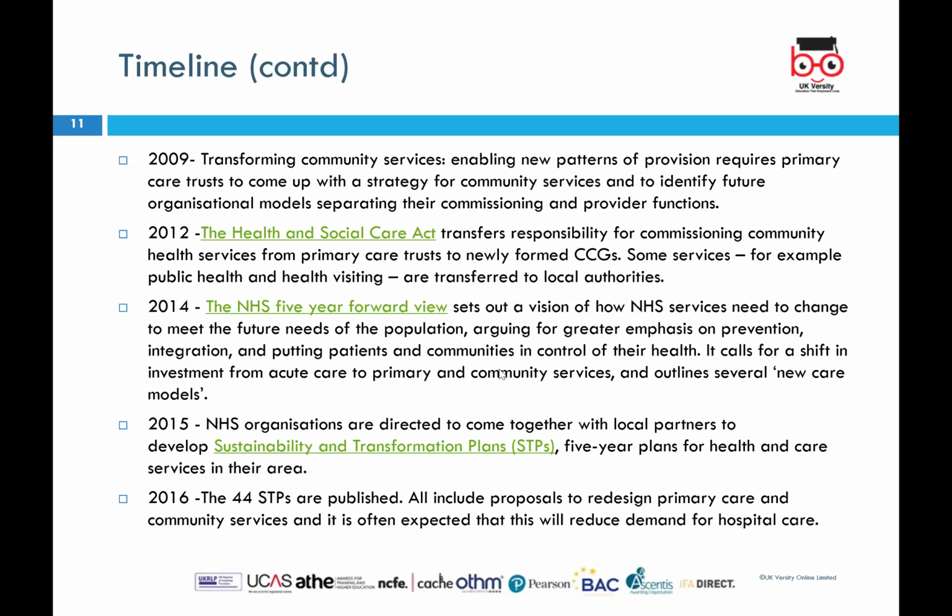In 2016, there were 44 sustainability and transformation plans. All of these proposals were there to redesign primary care and community services. It is often expected that this will reduce demand for hospital care. So we need less hospital care. Is that all clear, Oriola?